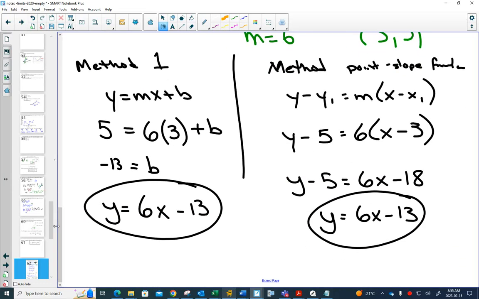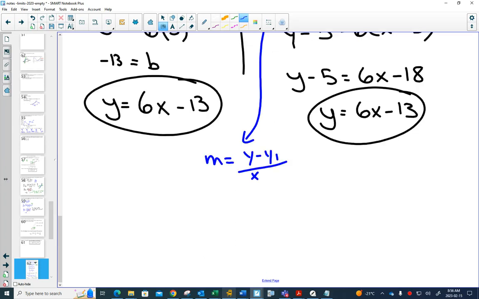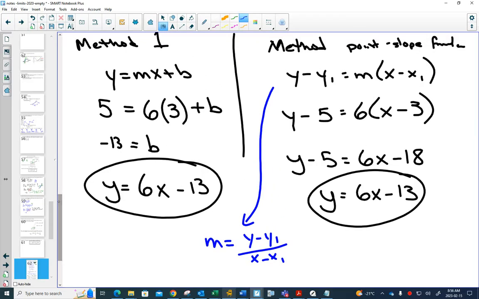Technically, your point-slope formula is just, can you see that if I divide both sides of the point-slope formula by x minus x1 to get m by itself, all the point-slope formula is your slope formula rearranged with only plugging in one point instead of 2 points.